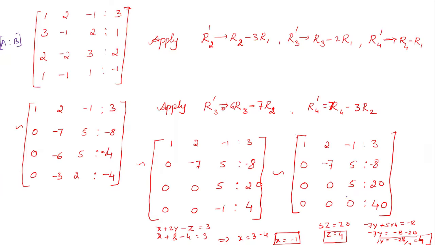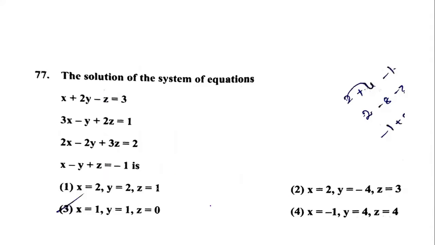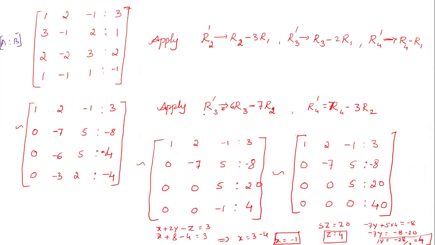By backward substitution, we get x is equal to minus 1, y is equal to 4, z is equal to 4. Option 4 is the right answer for this question. Same procedure as followed in the above question. By backward substitution, you get x, y, z values.